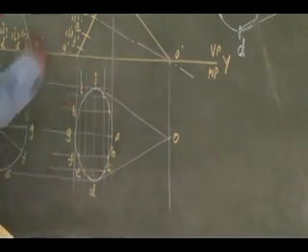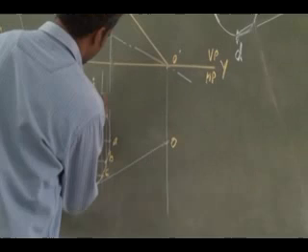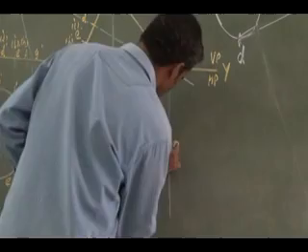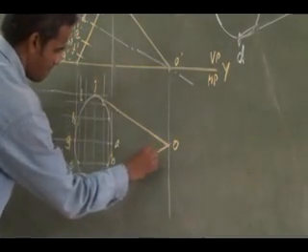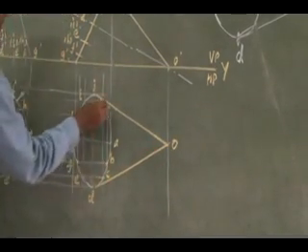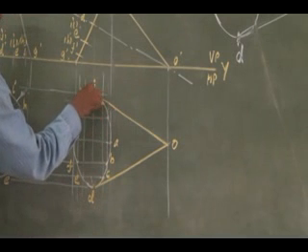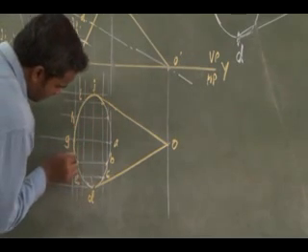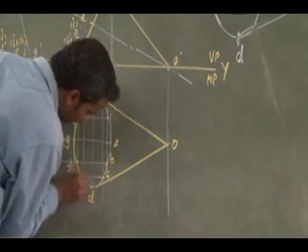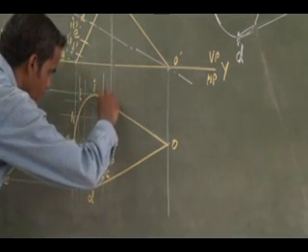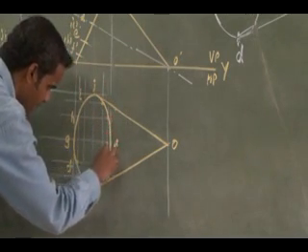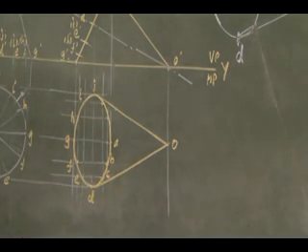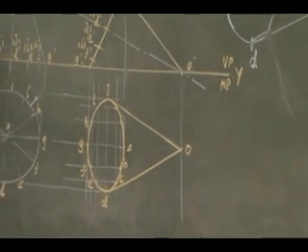Now you can darken this. The cone will be seen in my top view. Is it clear? Do you have any clarification in this cone problem?